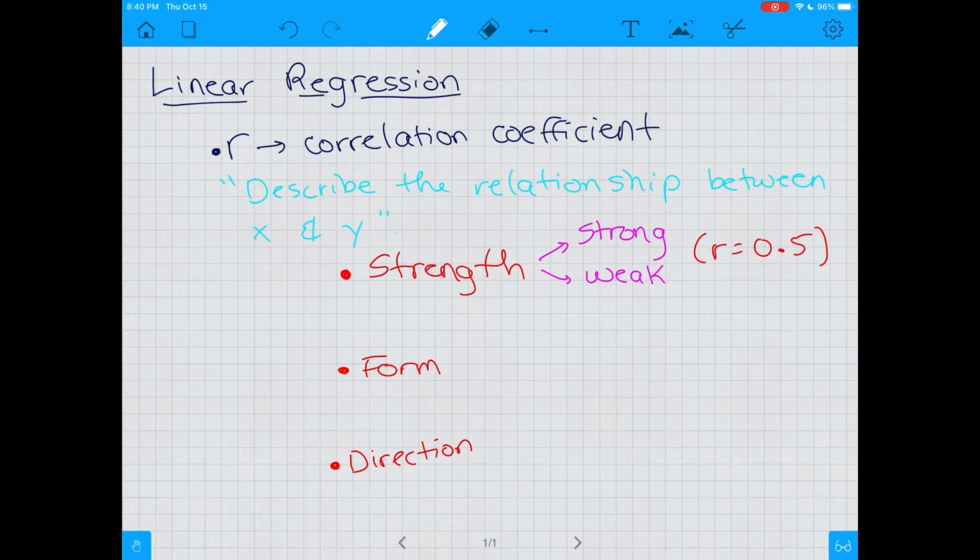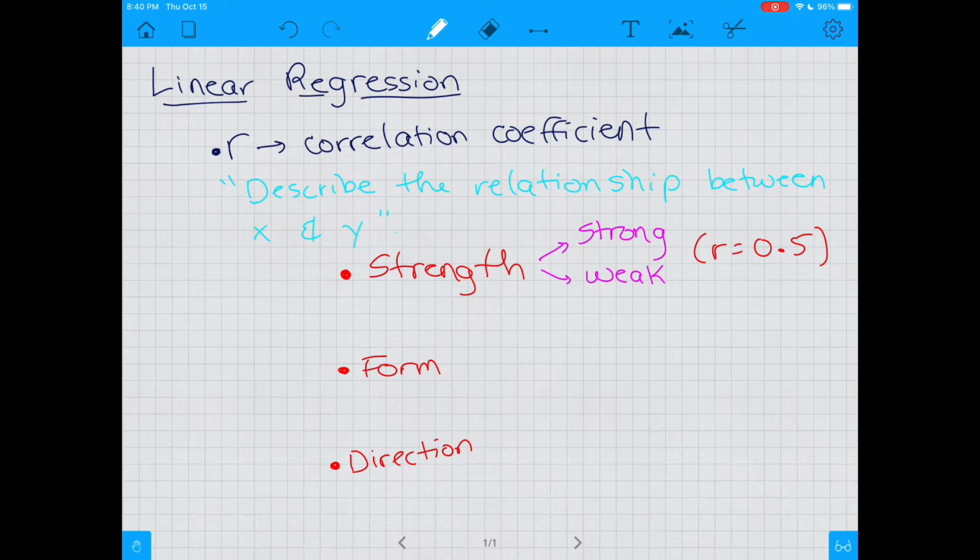Luckily for you guys, it will be pretty obvious from the question. You'll see an R value of like 0.85. They're not going to give you anything, or at least I shouldn't say that, I haven't seen any question where they give you an R value of something like 0.47 and it's right on the edge and you have to think about it and sweat about it.